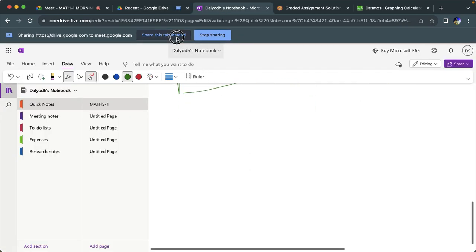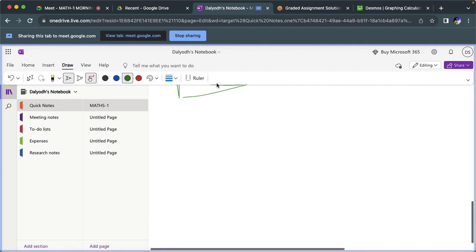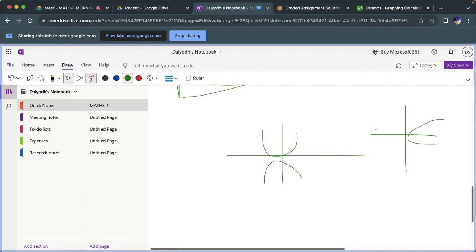Let me ask you a question. So this parabola is this, and this parabola is this. We can define it like this, also like this. And we can also define a parabola like this, as well as this. So just tell me which of these four parabolas are relations and which are functions.